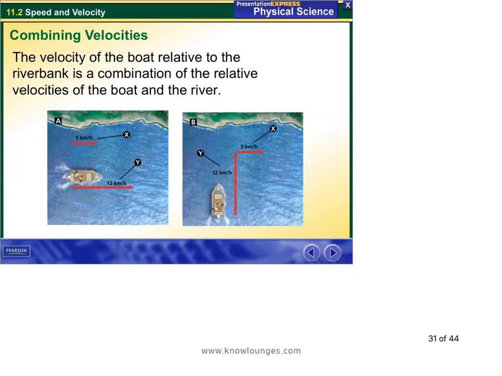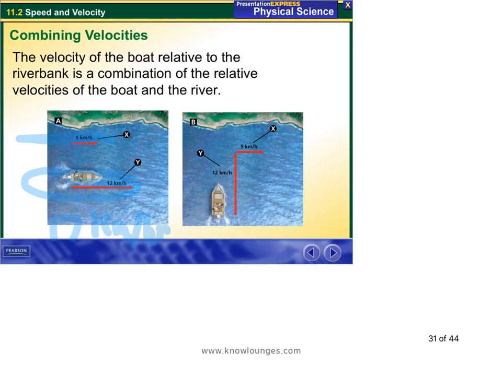As in this case, in the first example, the river speed is 5 kilometers per hour, and the boat is going at 12 kilometers per hour. So the net speed of the boat is 17 kilometers per hour. If they were traveling in opposite directions, we would subtract.